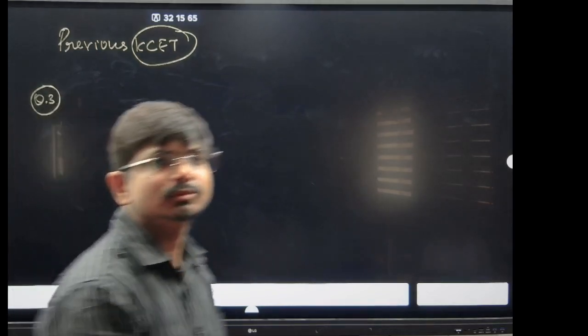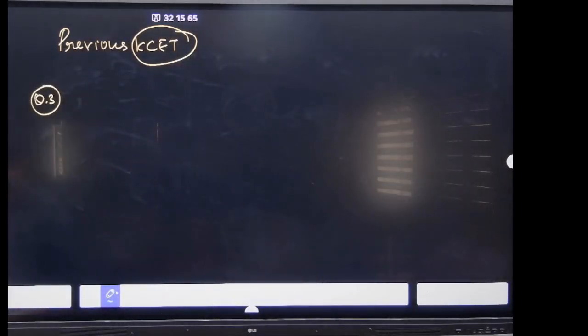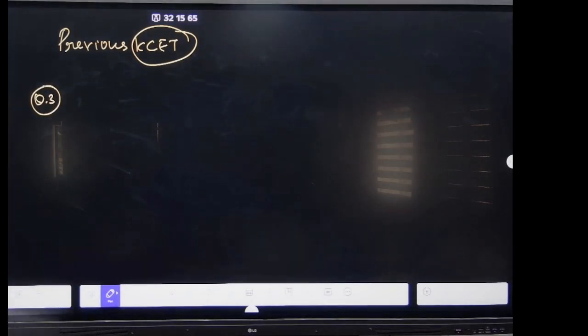Okay, now see here that a buffer solution contains 0.1 mole of sodium acetate in the same amount of acetic acid.